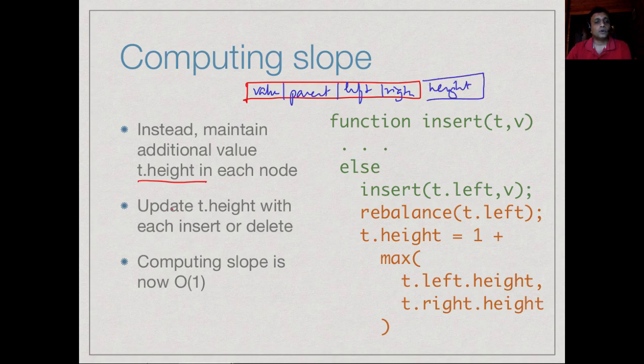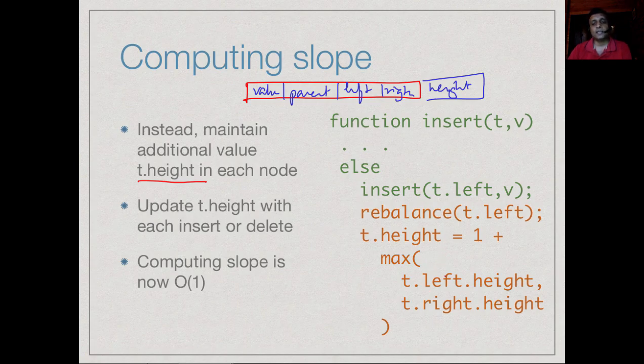Whenever we do any rebalancing, the height of the current node may change. We look inductively, assuming that below us the height got set correctly. We look at the two heights which are locally there and add 1 to the maximum of the two. This is just looking up one value in the two children, so this now becomes a constant time operation. It doesn't require us to traverse the entire tree.